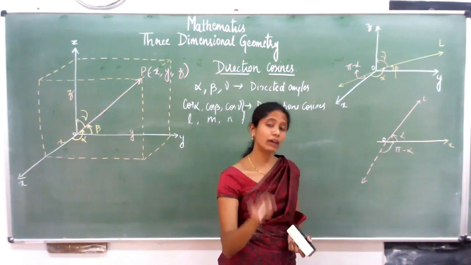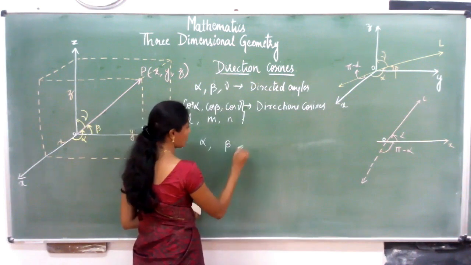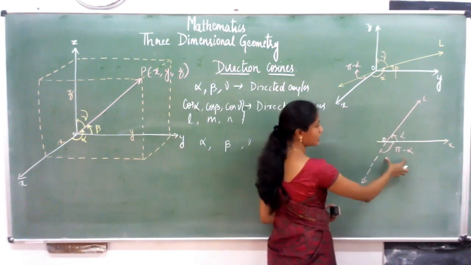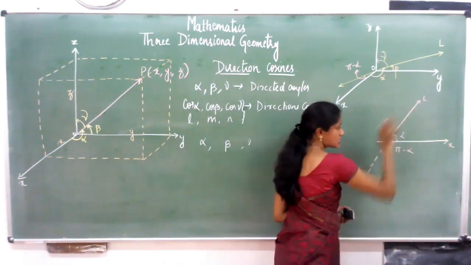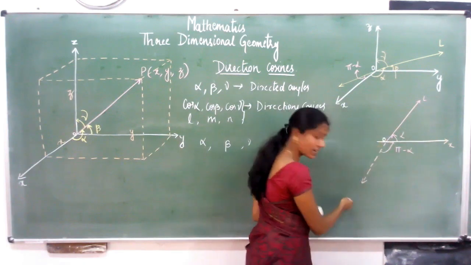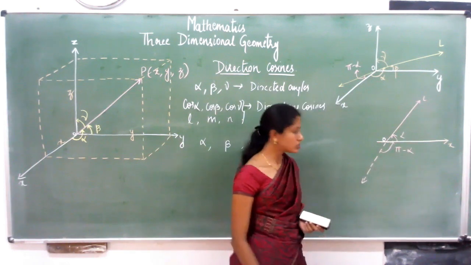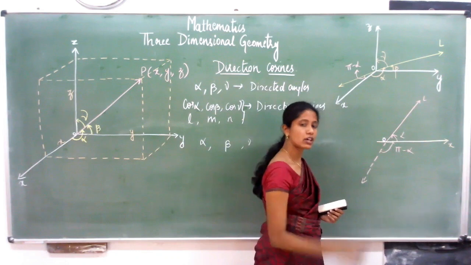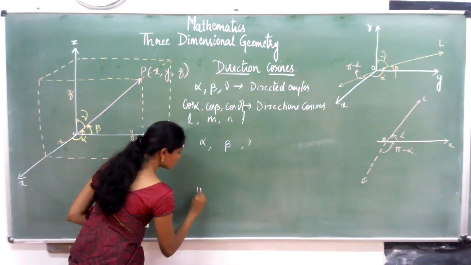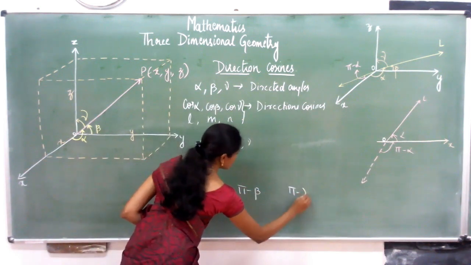So from this, what we can conclude is that if alpha, beta and gamma are the angles, we should also consider, and I have taken only the x-axis to help you understand, this is the line L, so this is alpha, and since we are considering the entire line, it also makes pi minus alpha. So with the positive direction of the axes we have two sets of angles, that is alpha, beta and gamma, and also pi minus alpha, pi minus beta and pi minus gamma.